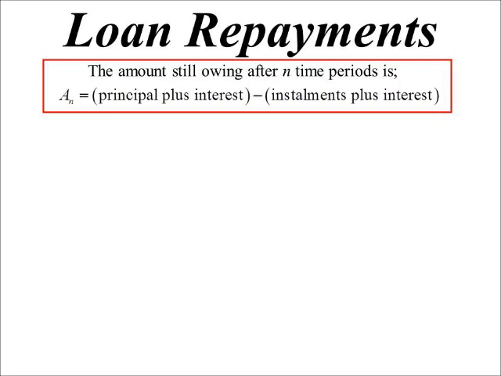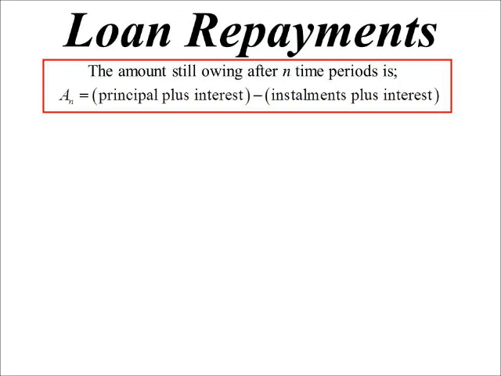So we say, how much do I still owe? Well, how much will I still owe will always be the amount that I've borrowed and the interest rate applied to that, minus the amount that I've paid back with the interest rate applied. Because when you think about it, what it is two different sets of investments.